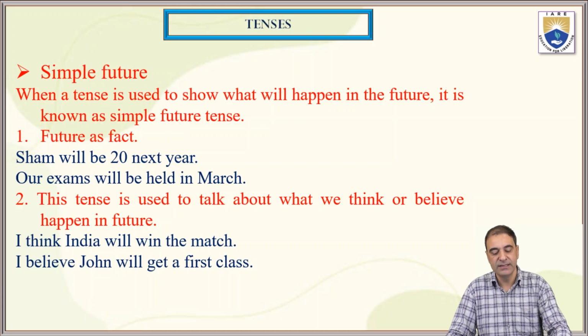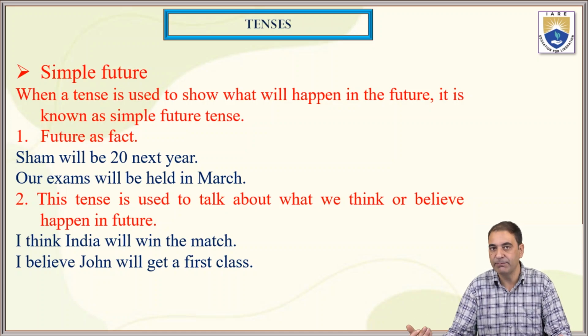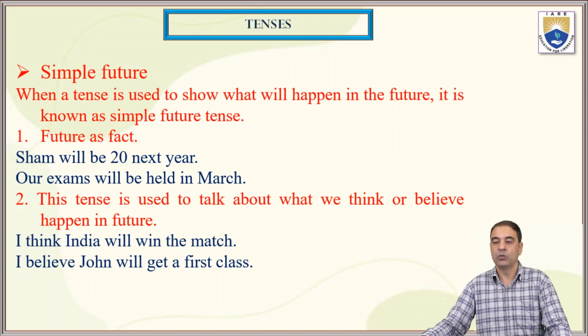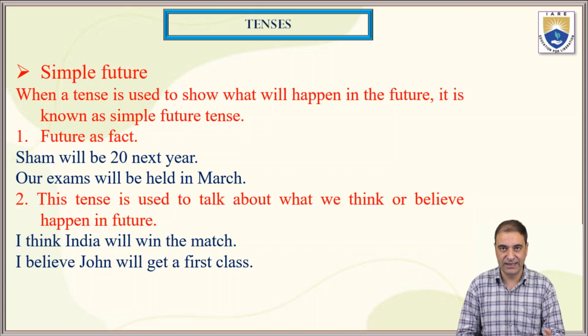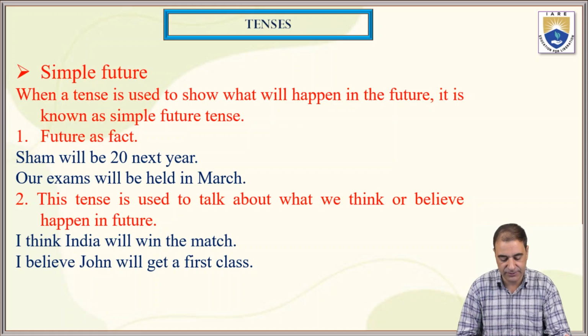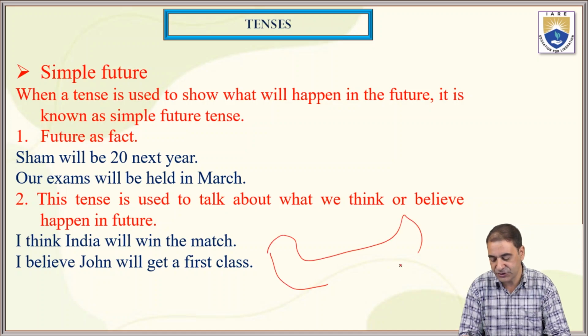And the next one is, this tense is used to talk about what we think or believe will happen in future. Sometimes, for example, we think or believe that this thing will happen in future. In that case, we can also use this simple future tense. Like here, I think India will win the match. For example, right now, I'm watching a match along with my brother.